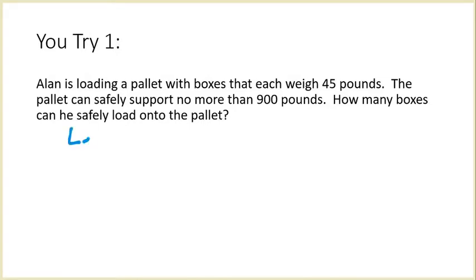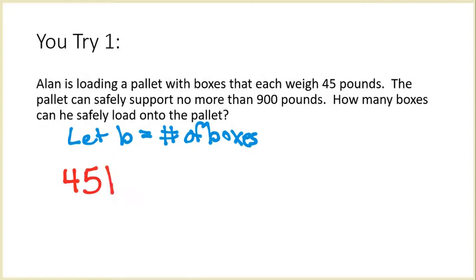So we're going to let B equal the number of boxes. And we know that each box weighs 45 pounds. So 45 times B will be the weight on the pallet.